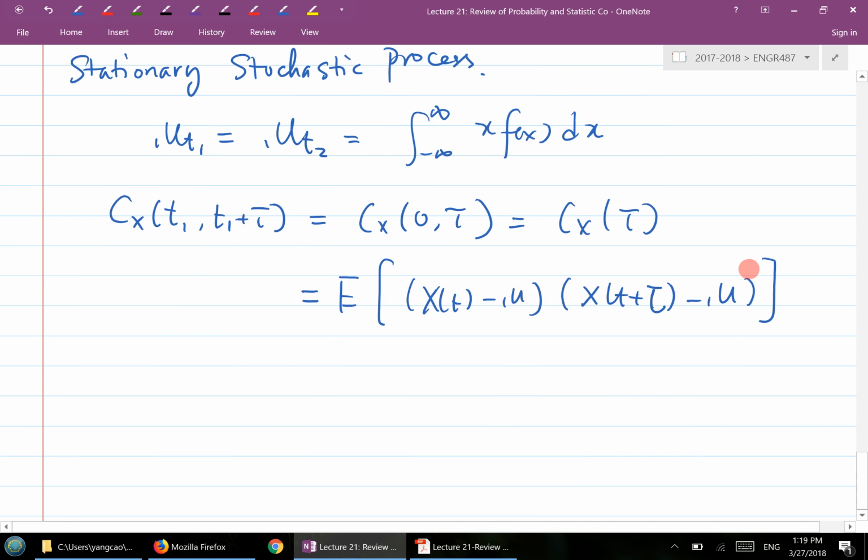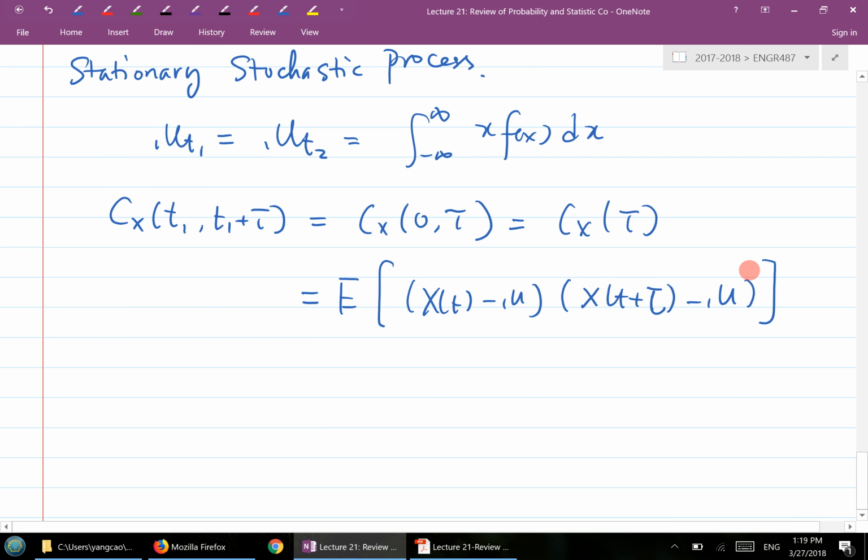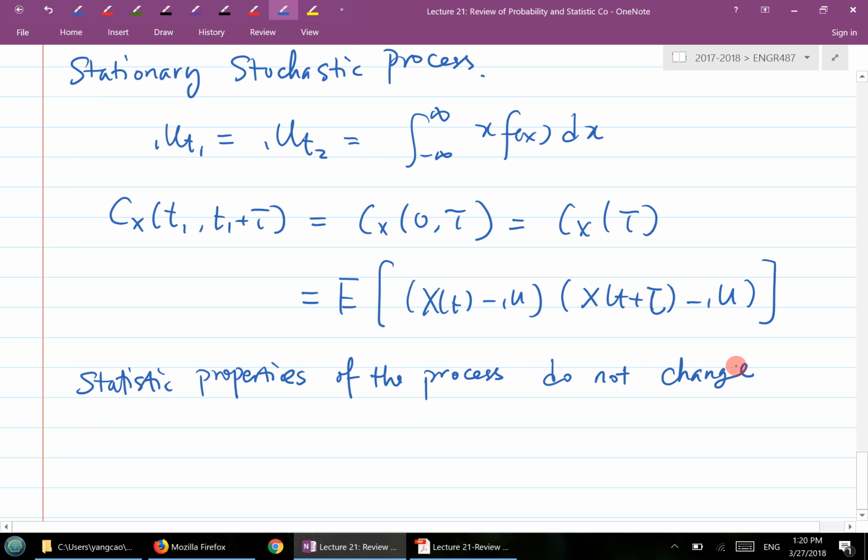So that's basically it: the statistic properties of the process do not change with time. That's basically what a stationary stochastic process is.